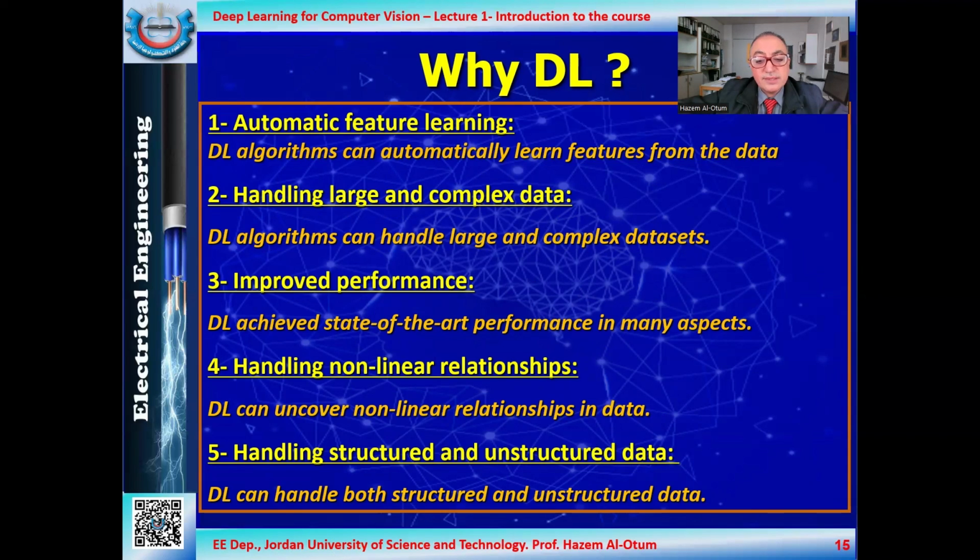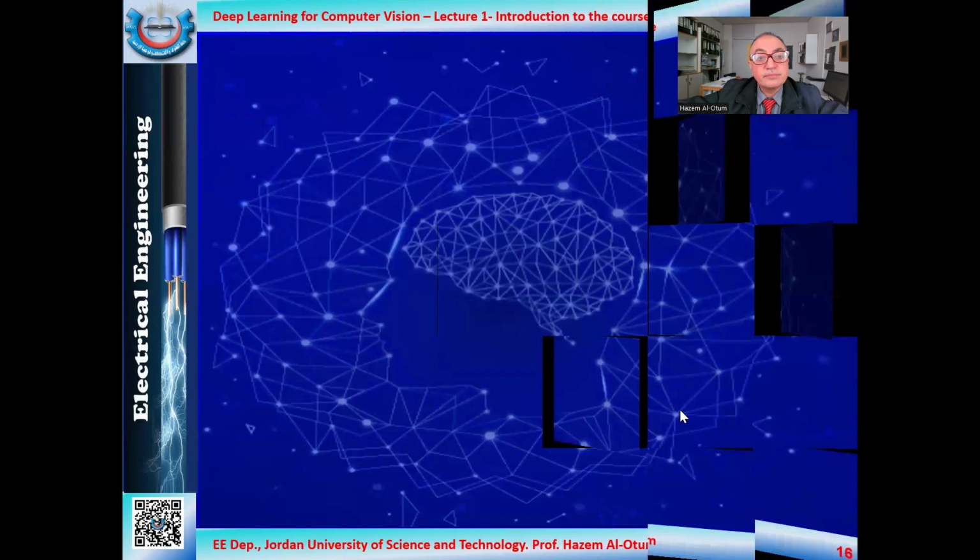It also can handle structured or unstructured data. So we can have a video having images, moving images, let's say text, talking persons, and all these data can be structured and unstructured, like images, like random data, and you can handle it using deep learning.